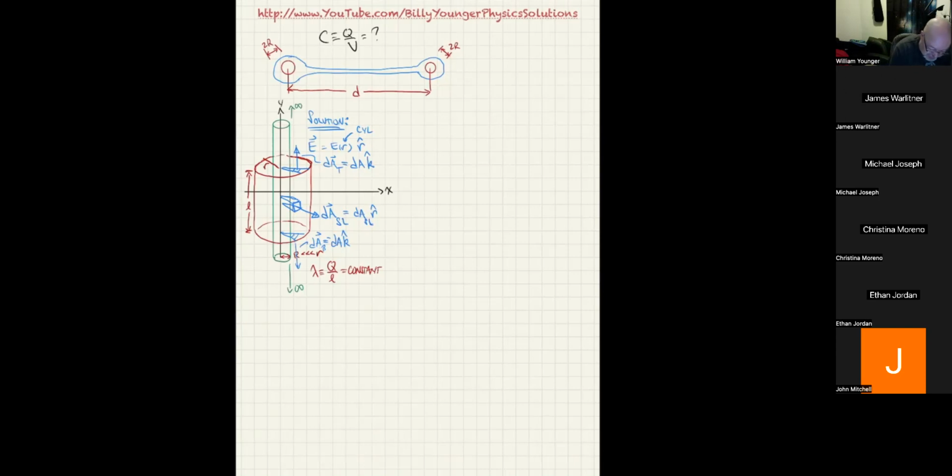So we can say Gauss's law, closed integral E dot dA is equal to Q enclosed over epsilon naught, gives me for the left-hand side, this is one of the more tricky ones, the closed integral of, now here's where I need my hypothesis. So let me go ahead and write out my hypothesis.